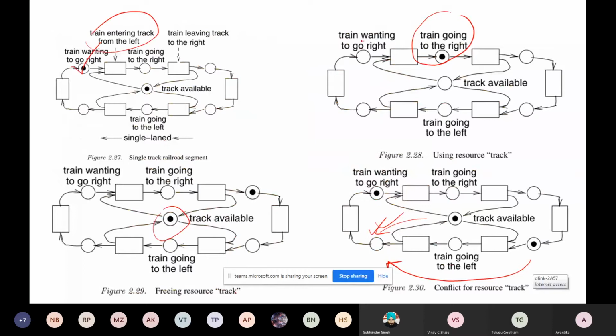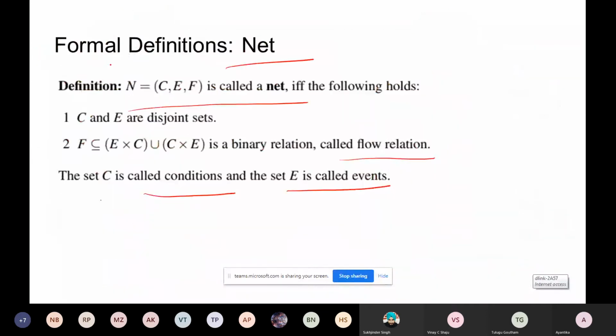If you think, this is my condition: when this token is inside a place, that is basically defining one condition. And next, this is the event. So this is C, this is E, and this is F. The flow relation is basically a binary relation considering your conditions and events.